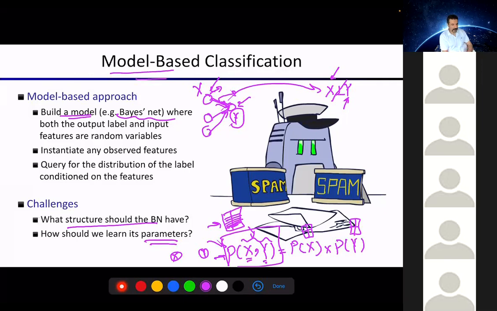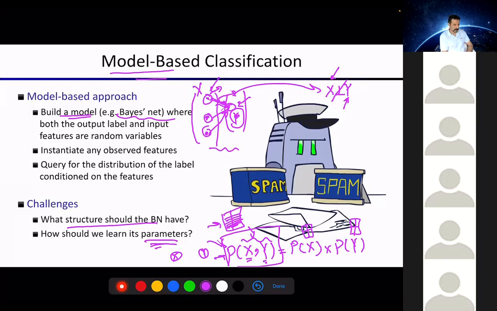By structure, we mean what is the label and how these are connected, and so on. And parameters means what is the probability distribution of each of these variables, right? These are pretty much what you need to know.